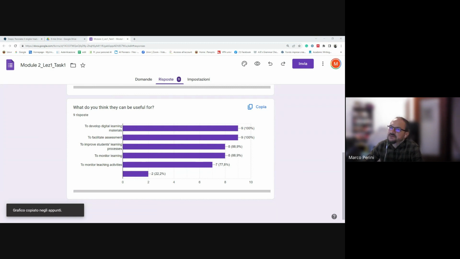The other consideration is that the most advanced technological constructivism is questioned because of the cognitive load theory.